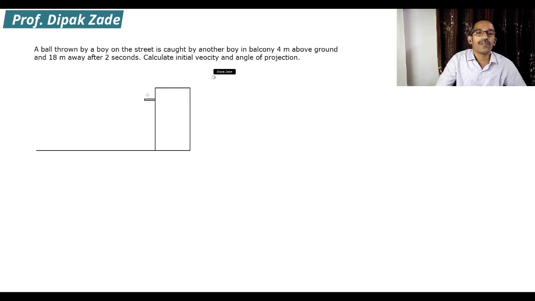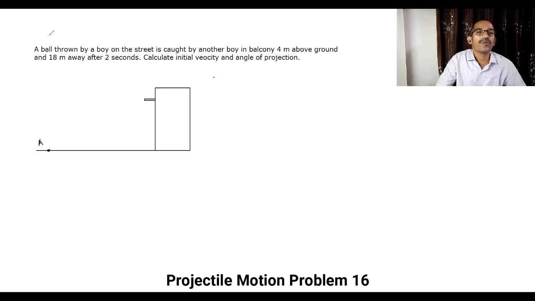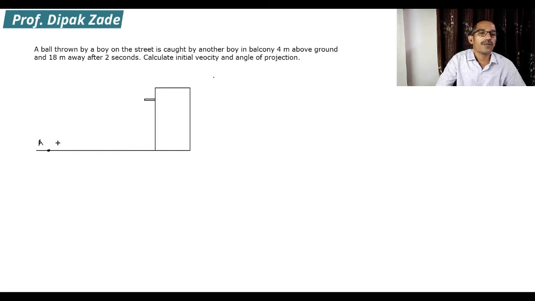So one boy is in the balcony. Another boy is on the ground. Say from where this ball is thrown from the ground, this point is A. This ball is thrown with some velocity from the ground, so I'll represent here the initial velocity of projection.